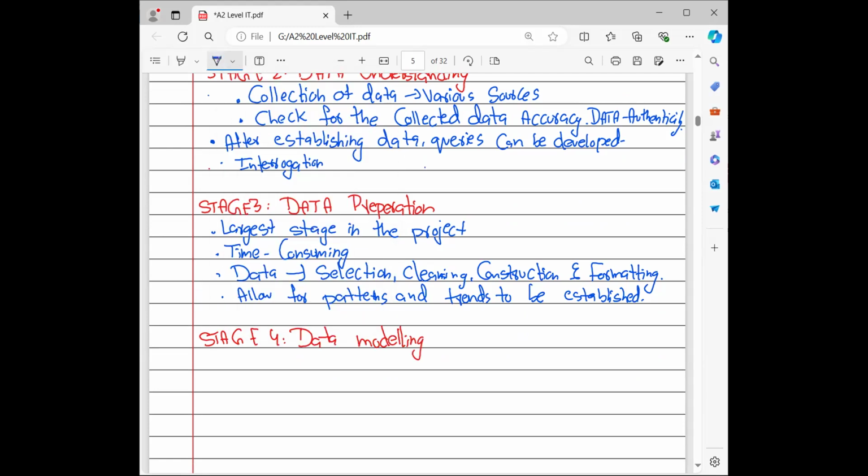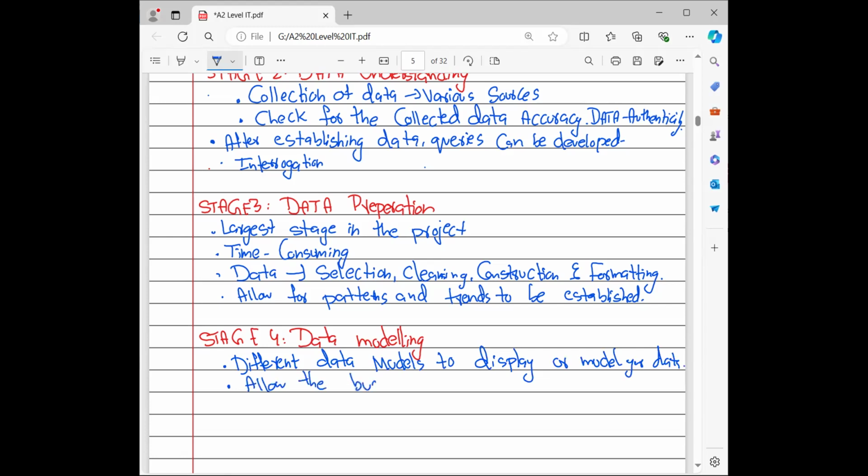In data modeling, you can use different data models to display or model your data. This is the place where you model it, where you are representing it.